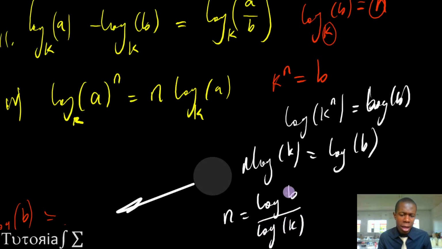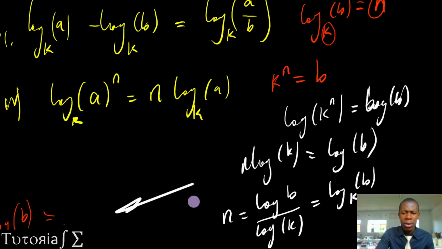Okay, and remember this can be written as log b to base k. Hope you can see that. So this can be written as that, which takes you back to what you had previously.